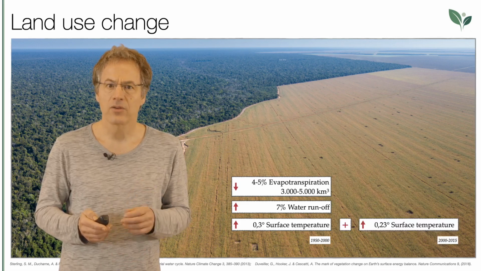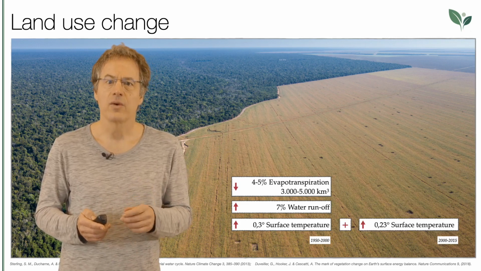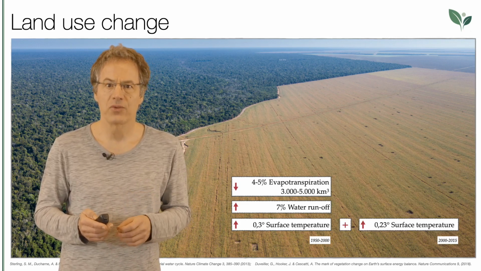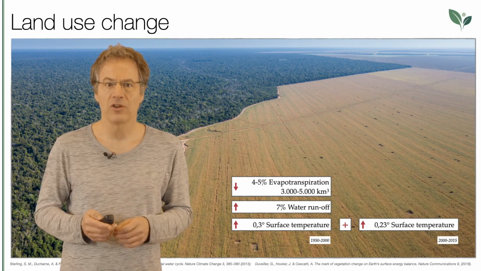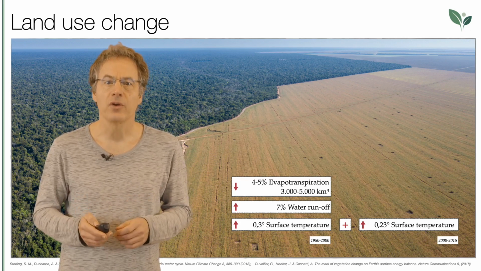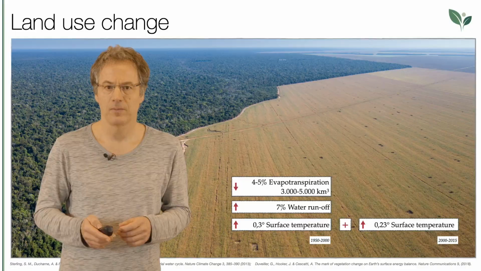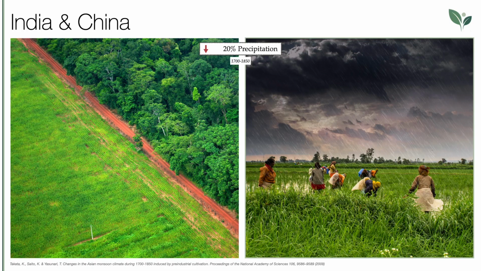And this goes a bit further. Another study calculates that from 2000 to 2015, land use changes are responsible for a surface temperature increase of 0.23 degrees Celsius where such changes happened. Of course, this has consequences.